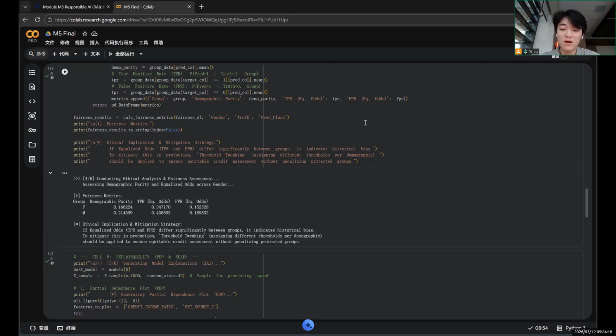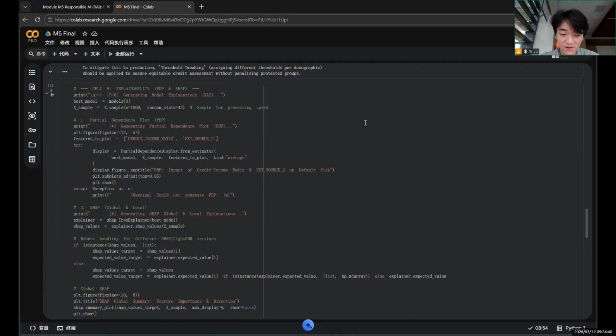This ensures equitable credit access while still effectively managing the bank's financial risk. This proactive approach transitions RAI from a theoretical concept into a deployed engineering practice.